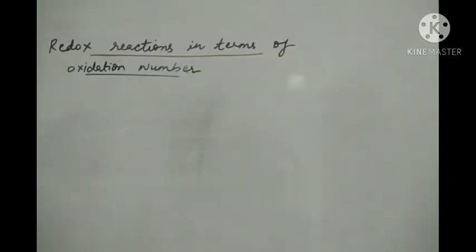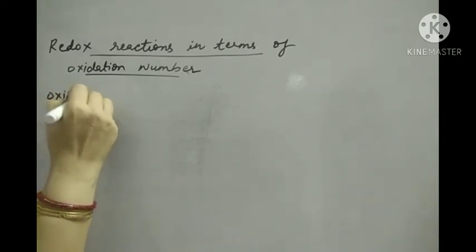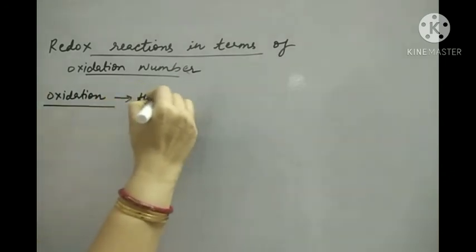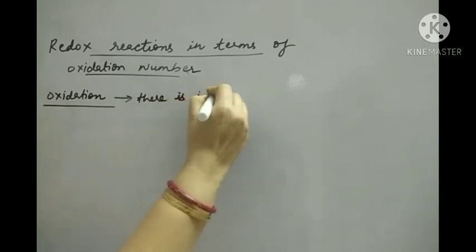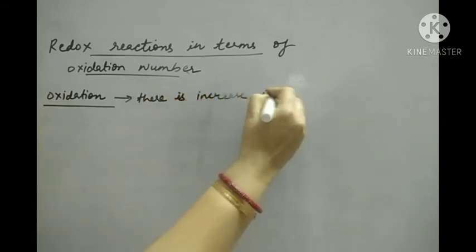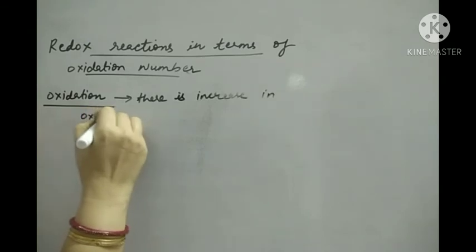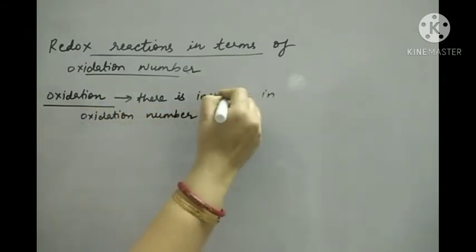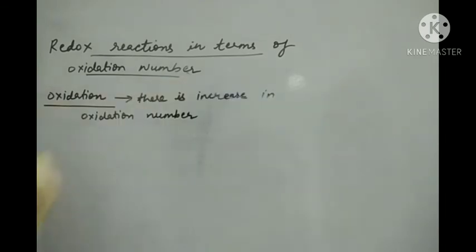Now, based on the concept of oxidation number, now how we can define redox reaction? So oxidation means there is increase in the oxidation number. Okay. So we will find oxidation number of all the elements and then we'll see whether it is increasing.